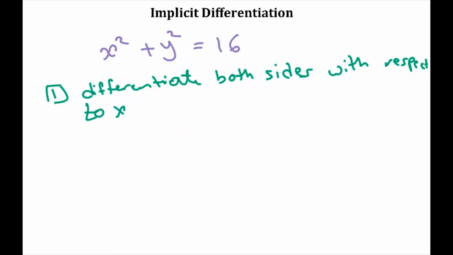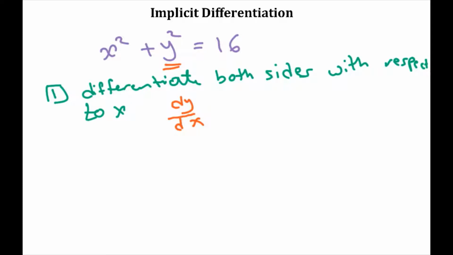Now, there's something very important here. The difference between this one and the normal differentiation is that if you are differentiating a term that has y, then you need to attach a dy over dx to that term. So you multiply by dy over dx.